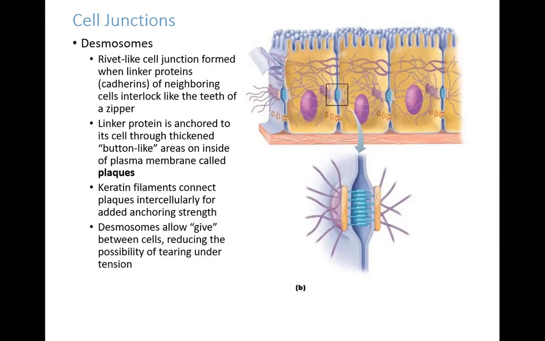Every cell contracts as hard as it can. And so you want to hold those cells together, but you also want to have flexibility. And desmosomes let them have that flexibility because of that zipper-like structure that has a little give to it. The cells are held perfectly together, but there's some flexibility there.